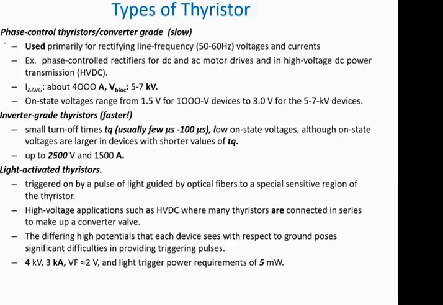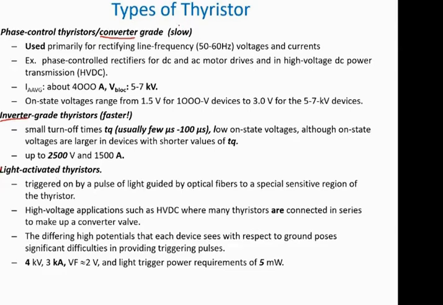This is also sometimes asked in interviews: what are the different types of thyristors? Remember that converter grade thyristors and inverter grade thyristors are most commonly used in our power electronic converters. Of course, the third category is the light activated thyristor, which I just told you.